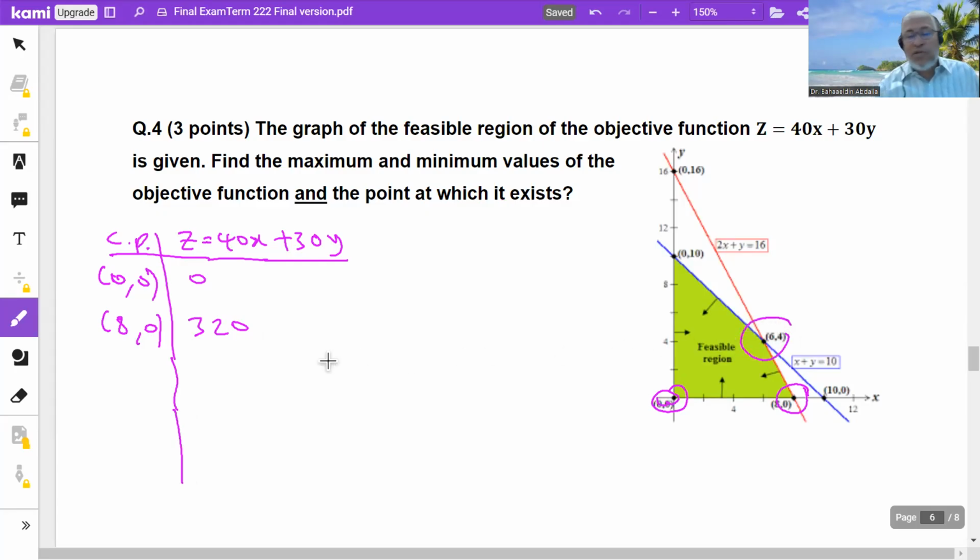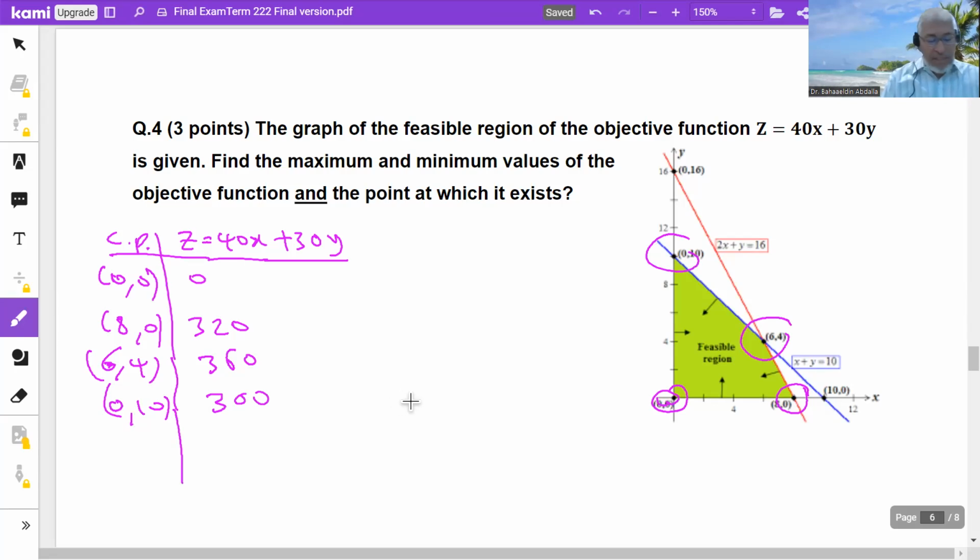Okay, 6, 4 also is a corner point. Well, 6 times 40, that's 240 plus 120, so that's 360. And the last corner point, 0, 10. So 10 times 30 is 300.